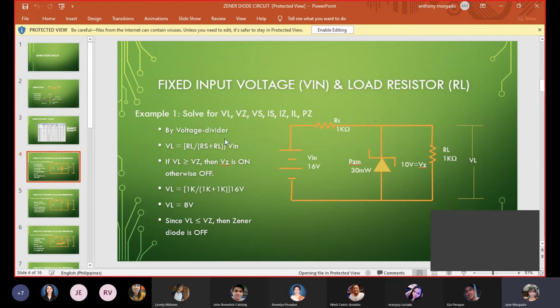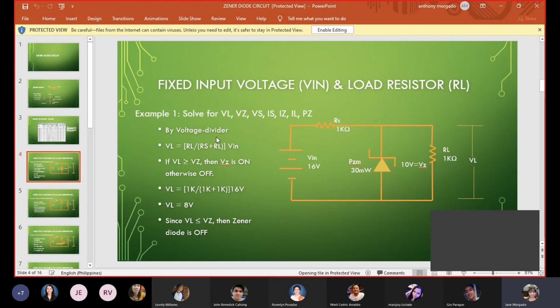We do the voltage divider, without the Zener diode first. How are RS and RL connected if there is no Zener yet? Series. With respect to the supply, RS and RL are connected in series. That's why we have a voltage divider here.